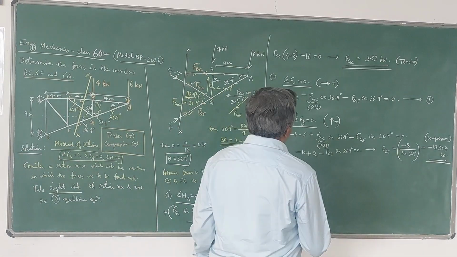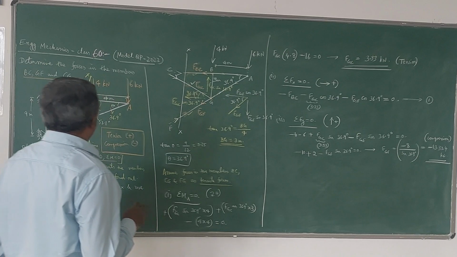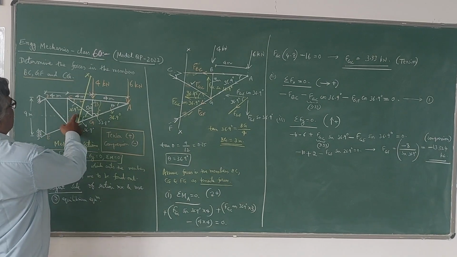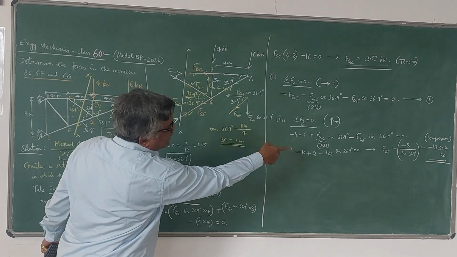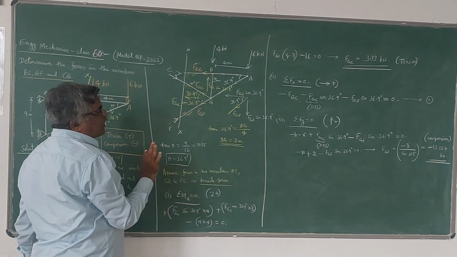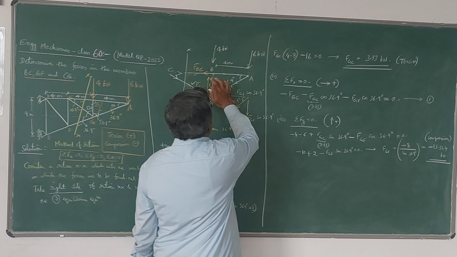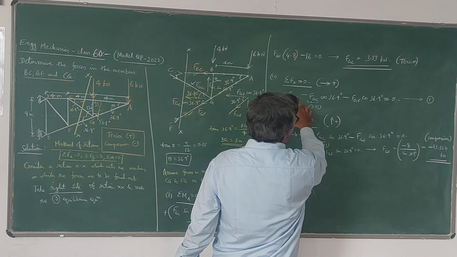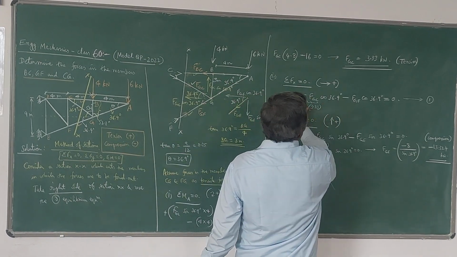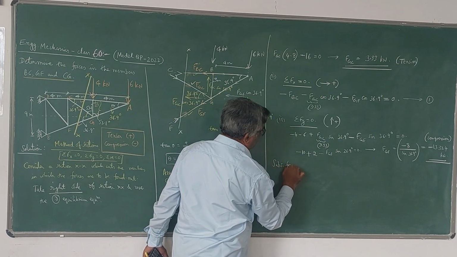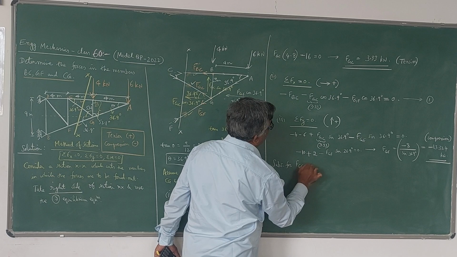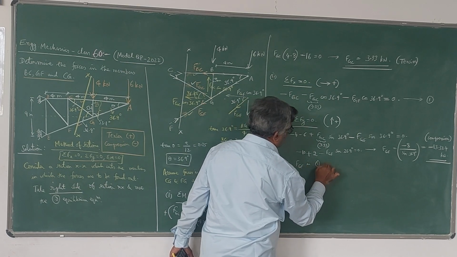Now we got the force in the member GF also. So we have got FGC, then GF also is over. Only we have to find out the force in the member BC now. That can be found out by substituting for FGF in equation 1.